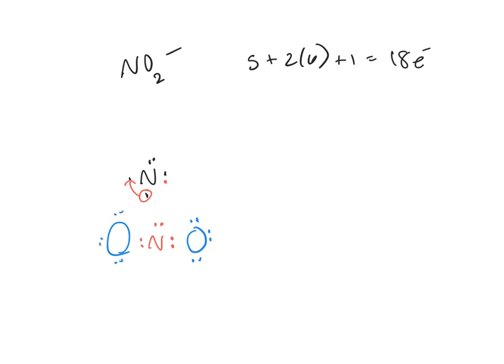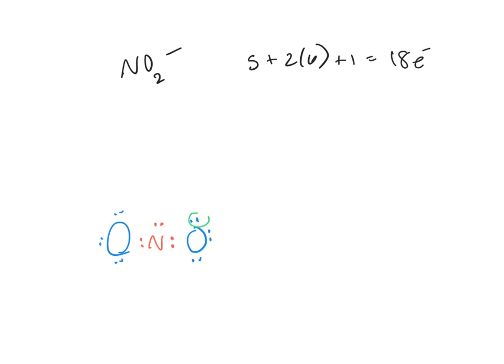And then that's basically correct, except for the fact that you don't have the octet for the central atom, right? The rules for the Lewis structures are that you have to take care of the atoms on the outside first, then you take care of your central atom. So the oxygen has 8, but the nitrogen's only got 6, so you know what to do.